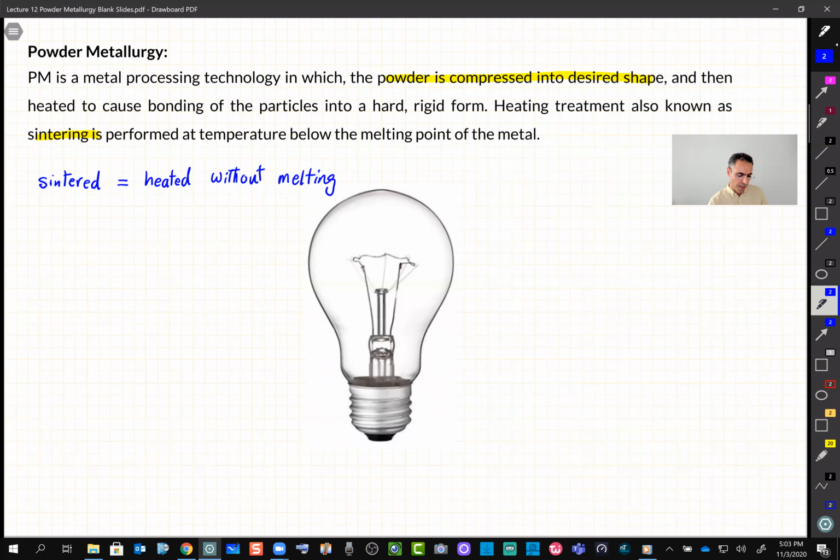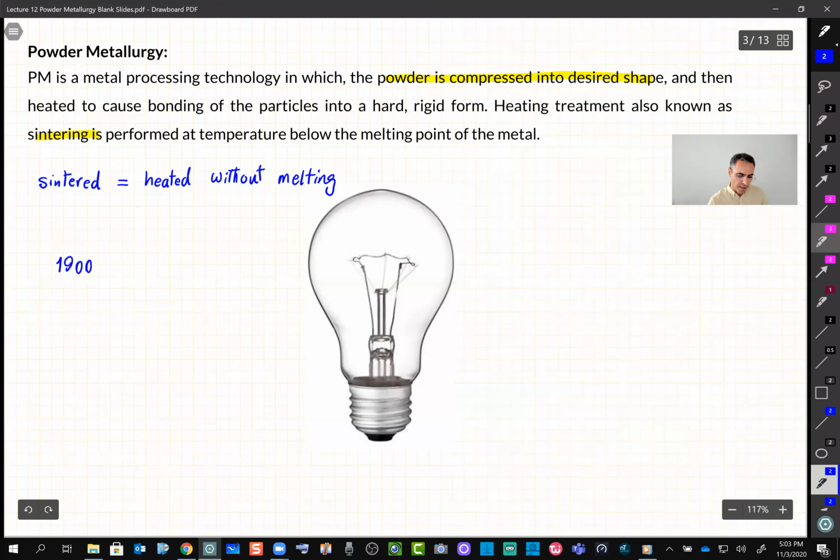So this method was first used in 1900, about 120 years ago, to make the filament for a bulb, the tungsten filament. This is basically a wire or filament.